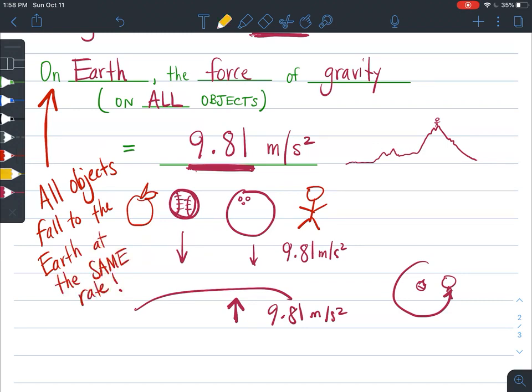That is stunning. So I'm just going to put some emphasis around this, and you should add this into the margin if you need to, but this is an important thing to remember, that all objects fall to the Earth at the same rate. And there are some great videos out there that I'm going to be happy to show you to prove that this is a truth.